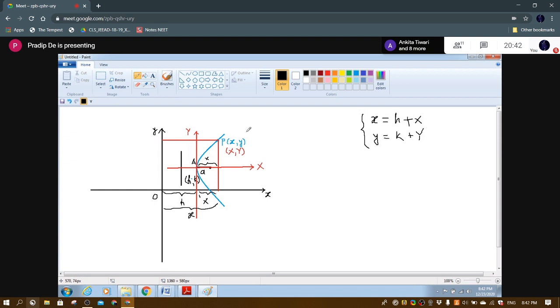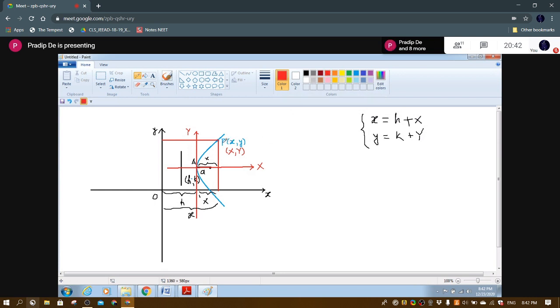Now, suppose the equation of this parabola, old parabola, in terms of the new coordinate axis, capital X, capital Y. See, this is capital X, and what is capital Y?